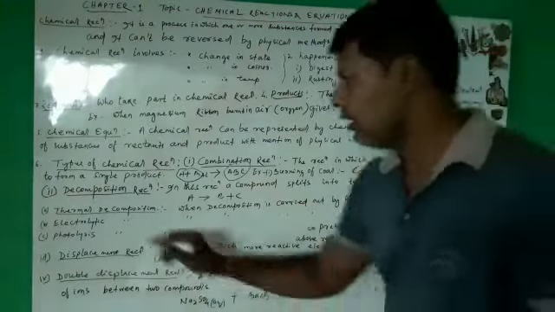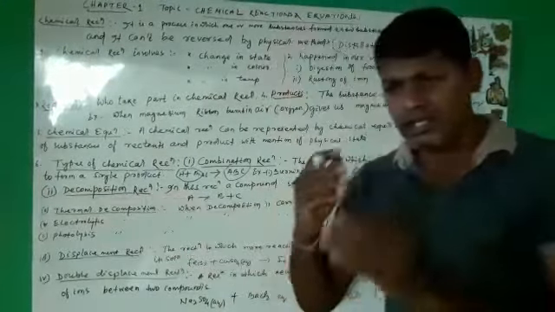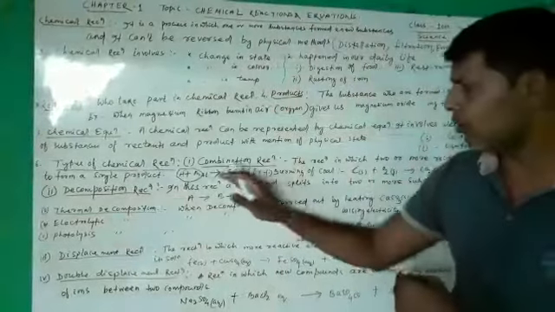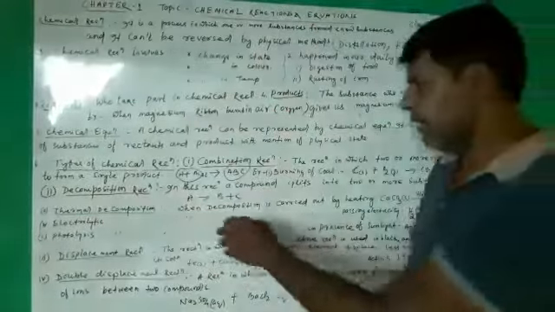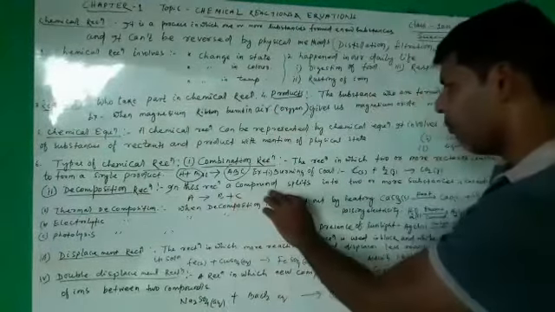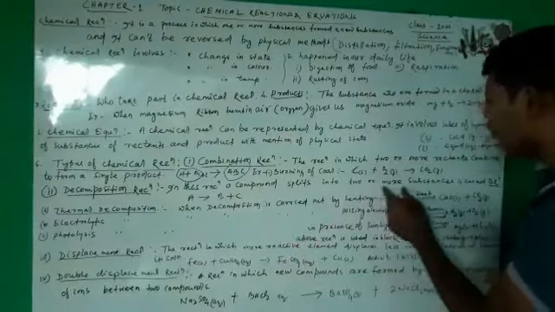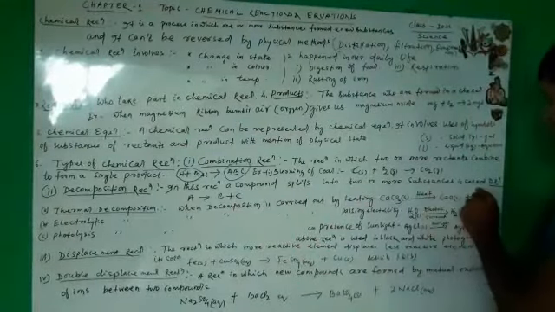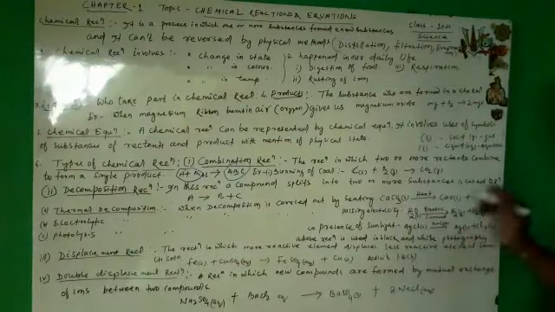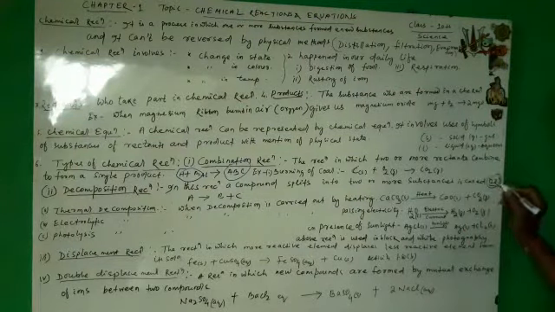Second one, decomposition reactions. It is just the reverse of your combination reactions. In these reactions, a compound splits into two or more substances; each is called a decomposition reaction. I write here the shortcut, D.R. reactions.